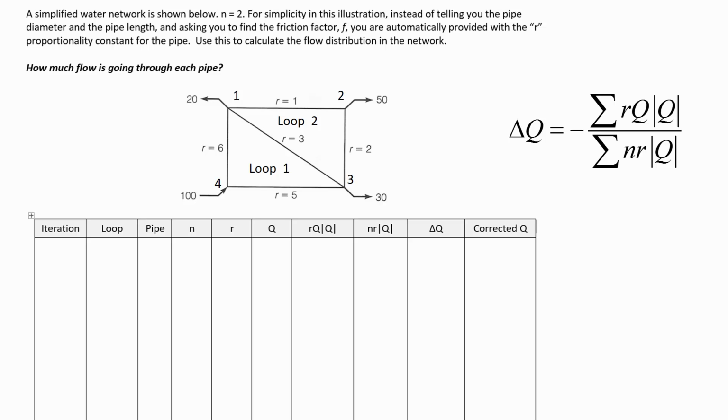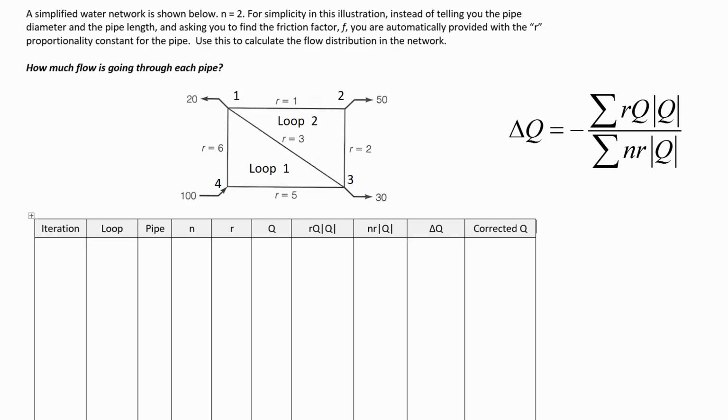Let's say that pipe 3-4 gets 30 of it. So 30 is going to the right. Let me just do a little sketch down here on the bottom of the board for that initial flow balance. We've got flow coming in, we've got flow going out.